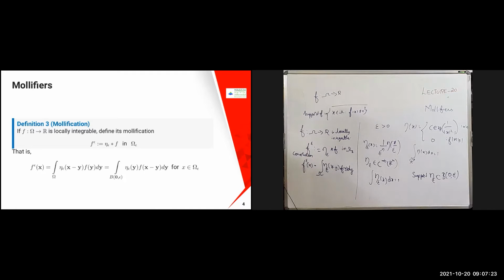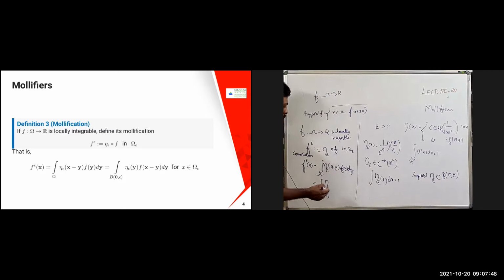Or I can rewrite this as the integral over B(0, epsilon), which I can write as eta epsilon of y into f of x minus y. It is going to be the same thing. For this one you can just use the change of variable: you put z equal to x minus y and then change the variable, and you are going to get the same thing.